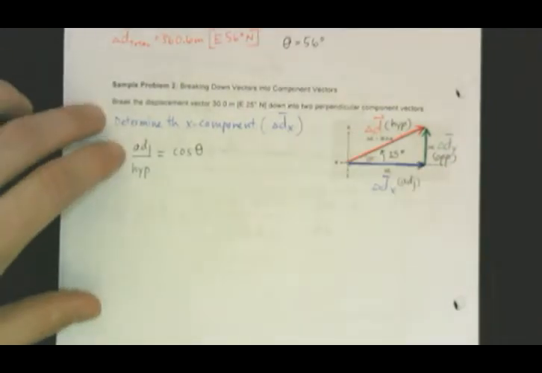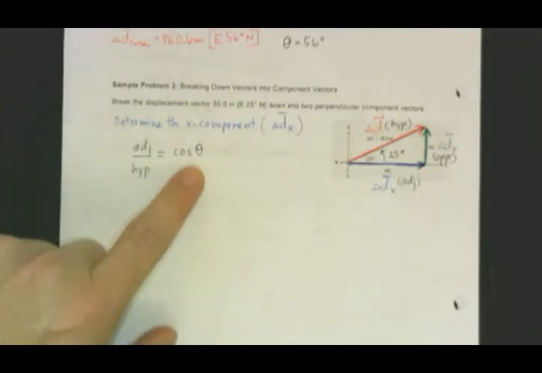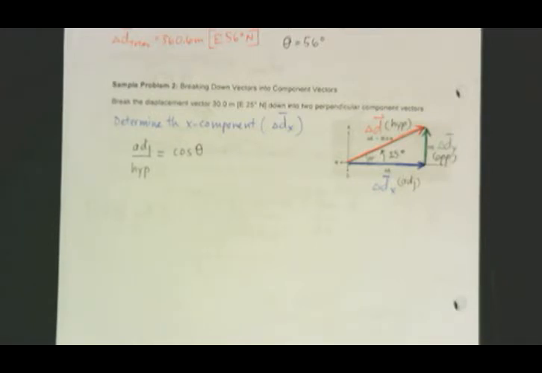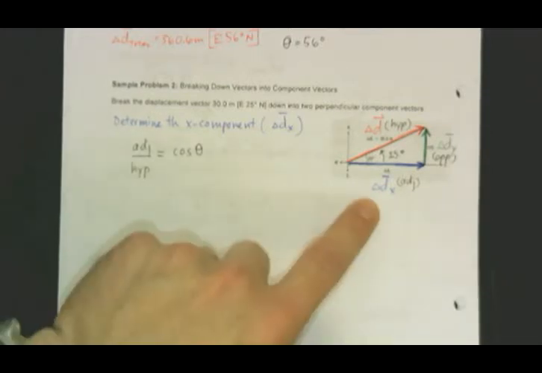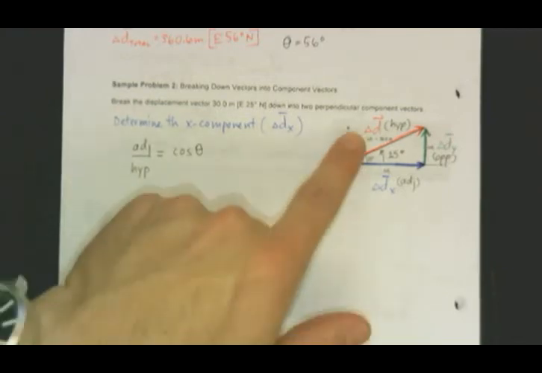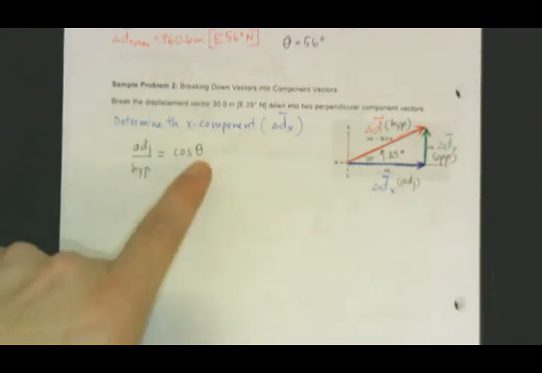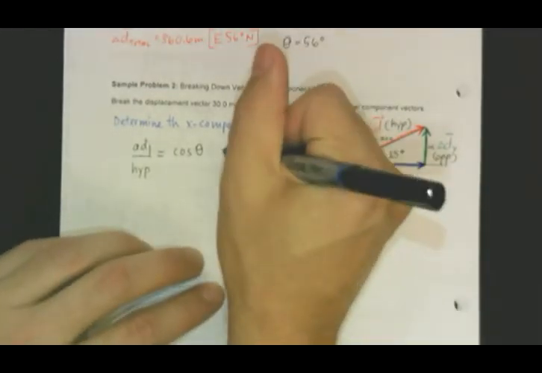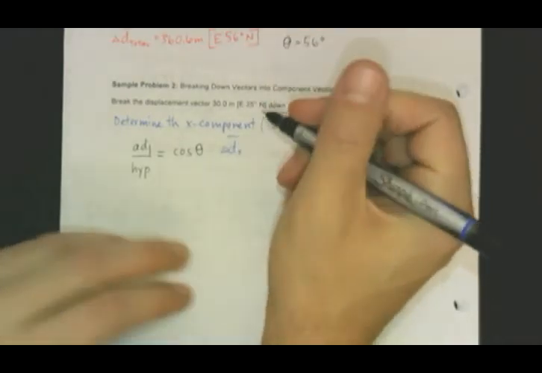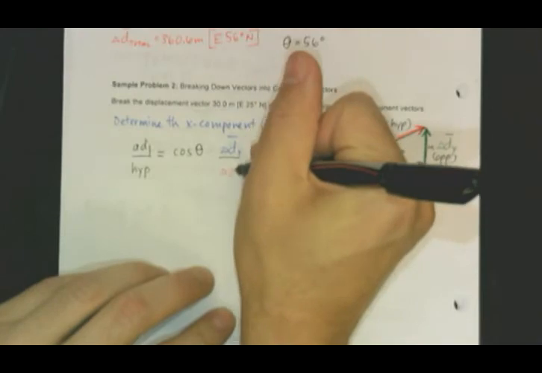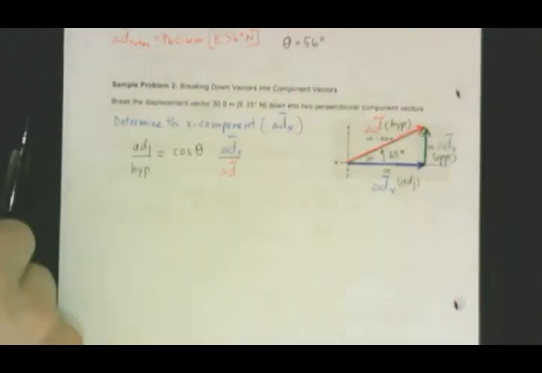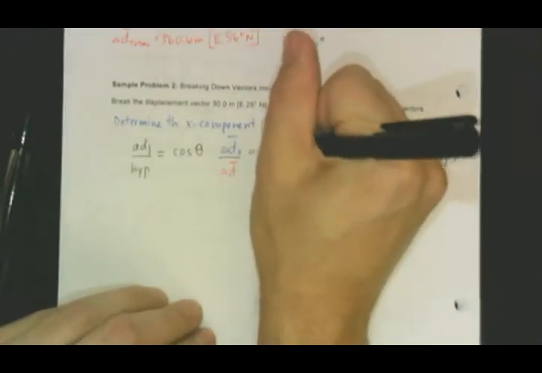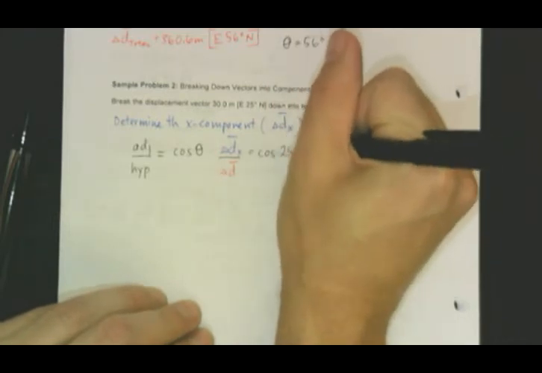So let's replace adjacent, hypotenuse, and theta with the symbols that we know. The adjacent is delta dx, the hypotenuse is delta d, and theta is 25. Delta dx over delta d is equal to cos of 25 degrees.